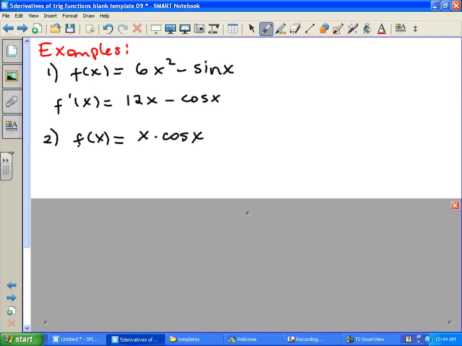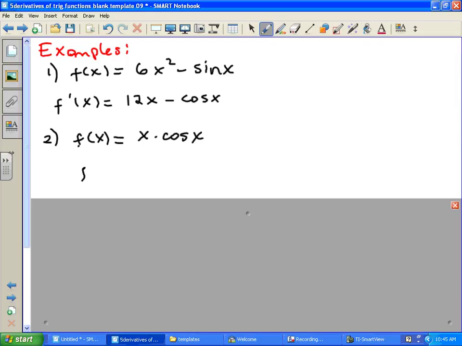We do, because you have x times cosine x. Both of these are functions of x. If you had like 5 times cosine x, that's the constant multiple rule. There you don't need the product rule. But if you have 2 things being multiplied and both of which contain the variable, we need to apply the product rule. So that's what we're going to do here.